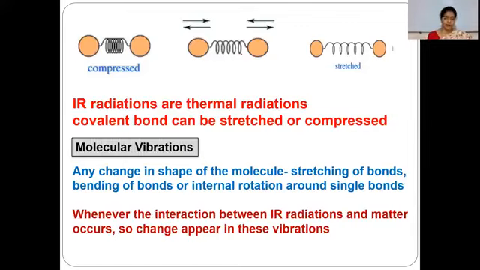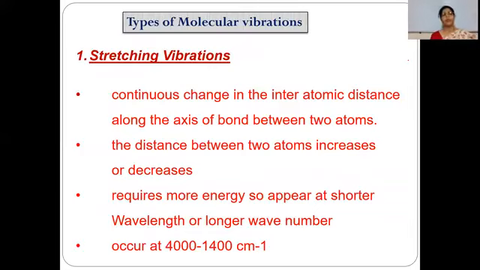Whenever interaction between the IR radiations and matter occurs, IR radiations in the form of energy are absorbed by the molecule, and any of the changes in the molecule can be possible, whether it is stretching, bending or internal rotation. So this is known as molecular vibration.